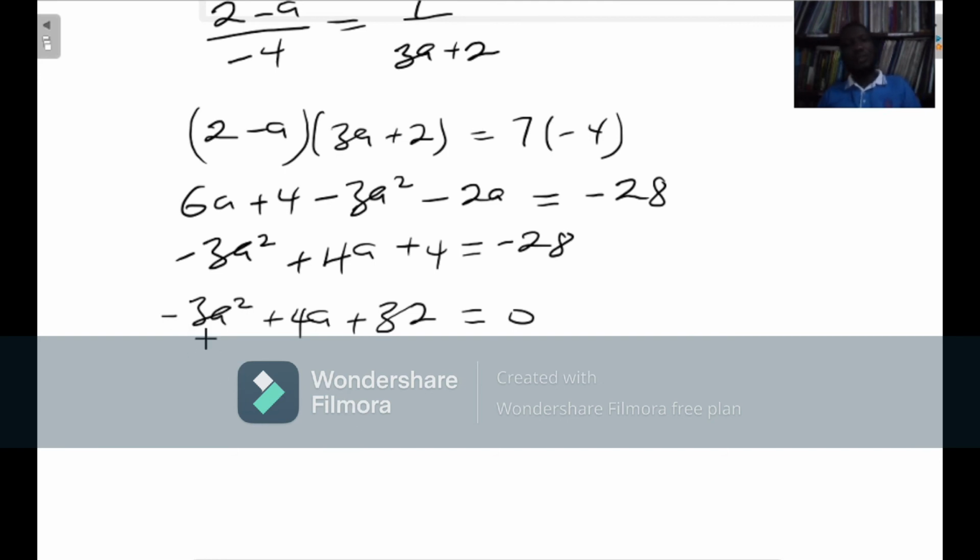Then I don't want my first term to be negative, so I'm going to divide through by -1 to get 3a squared minus 4a minus 32 being equal to 0. Then since this is a quadratic equation we are solving, we have to factorize.